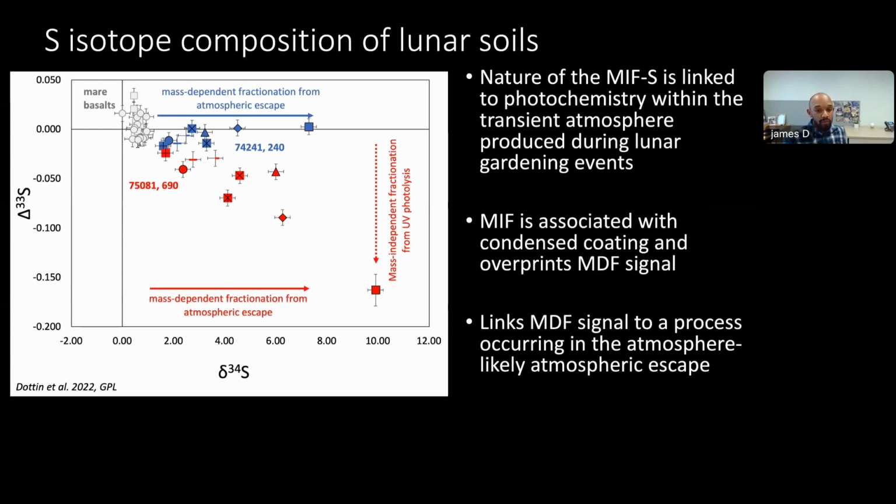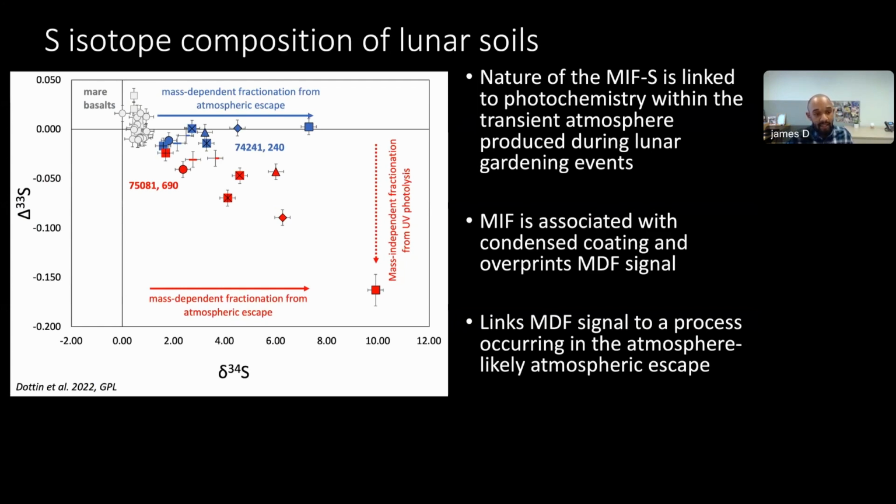So ultimately, what we end up concluding is that the nature of the mass-independent fractionation seen in 75081 is linked to photochemistry, and that this photochemistry occurred during the production of a transient atmosphere during lunar gardening events.